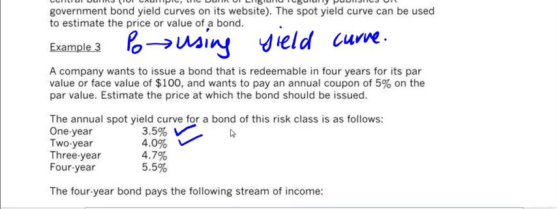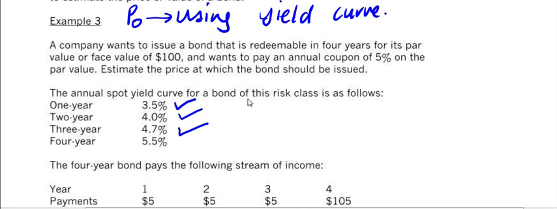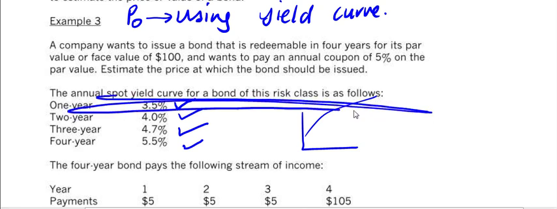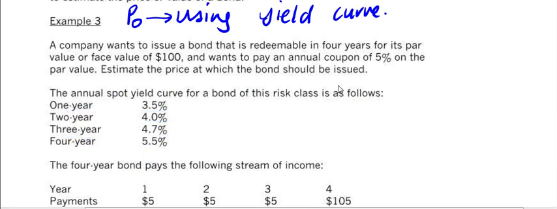And if you invest your cash flows for 3 years, for those 3-year cash flows you're going to get 4.7%. And if you invest for 4 years, you're going to get slightly higher. So it looks like an upward sloping yield curve. The longer you invest, the more yield you're going to get each year.